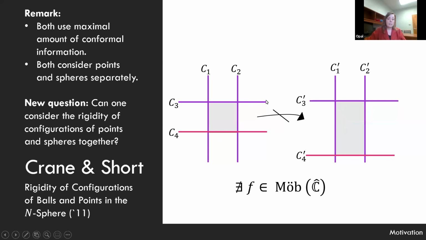But there's no Mobius transformation taking one to the other, because what's been done is C4 was moved down to get C4 prime, and so there's no Mobius transformation keeping three circles constant while moving the other one in this format. So that's a counterexample for why we would want to keep out those collections of circles that contain a common point.